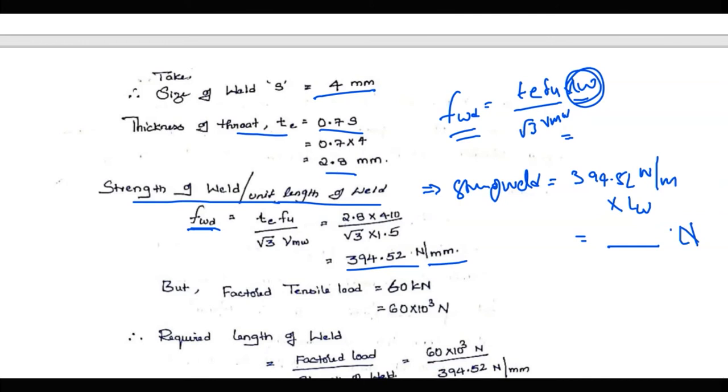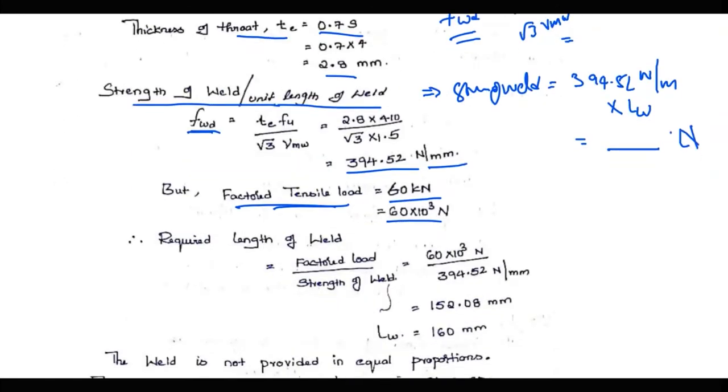Okay, so now the factored tensile load that this weld has to bear is 60 kilonewton. So now why don't we do this? Let us find out the strength and weld length.